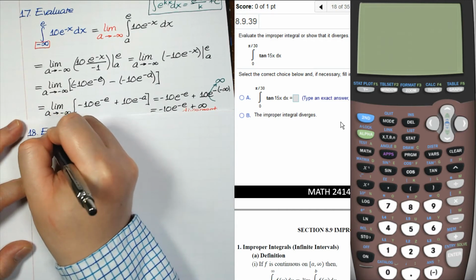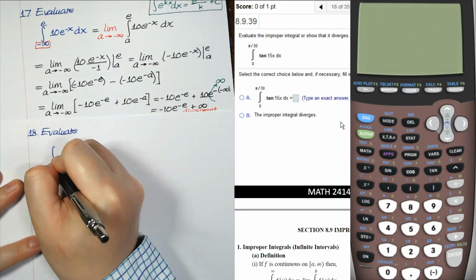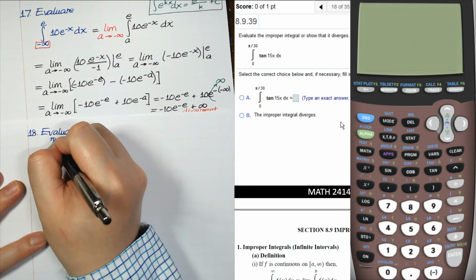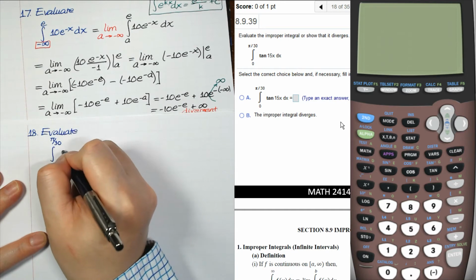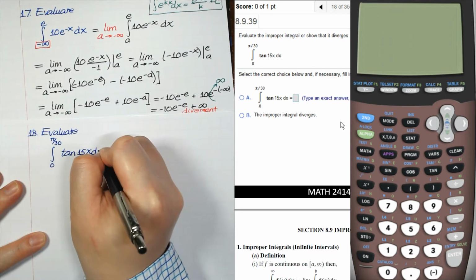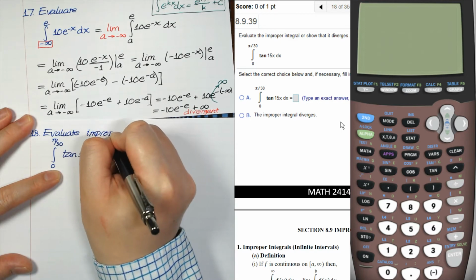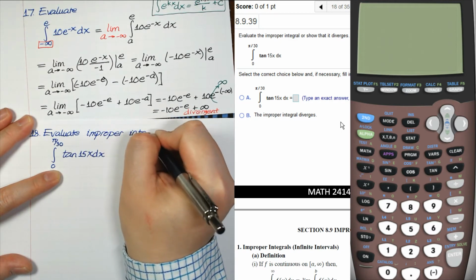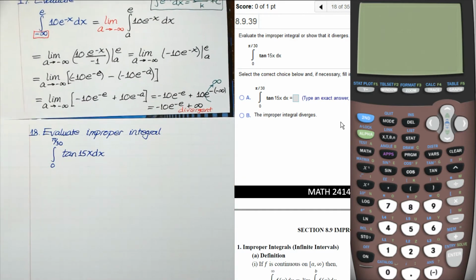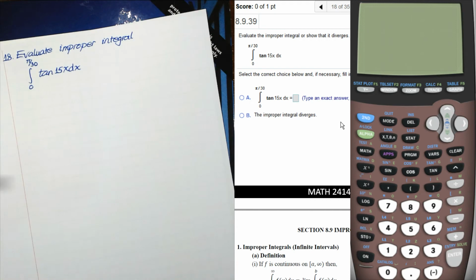Evaluate the integral from 0 to pi over 30 of tangent 15x. Right. This problem is still an improper integral, meaning there's something wrong with the integral itself.